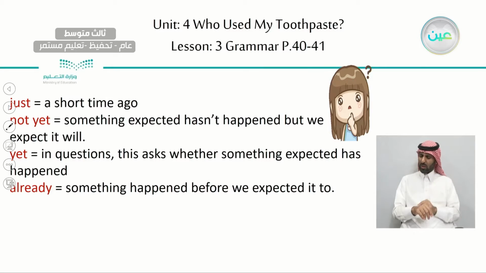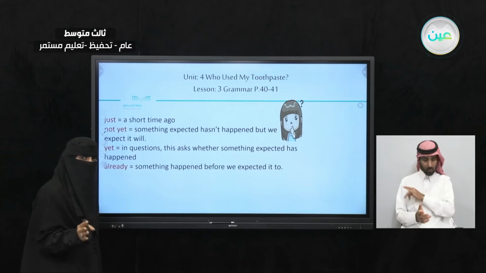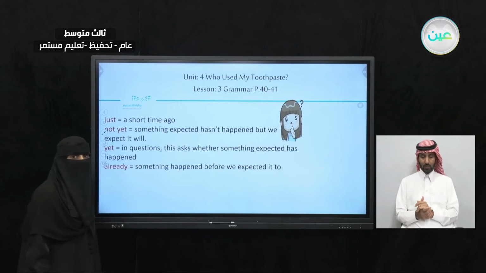Okay? Now yet, when we are using yet with the negative, something expected hasn't happened, but we expect it will. That means something we are expecting will happen, but it didn't happen yet. We use the negative, okay?